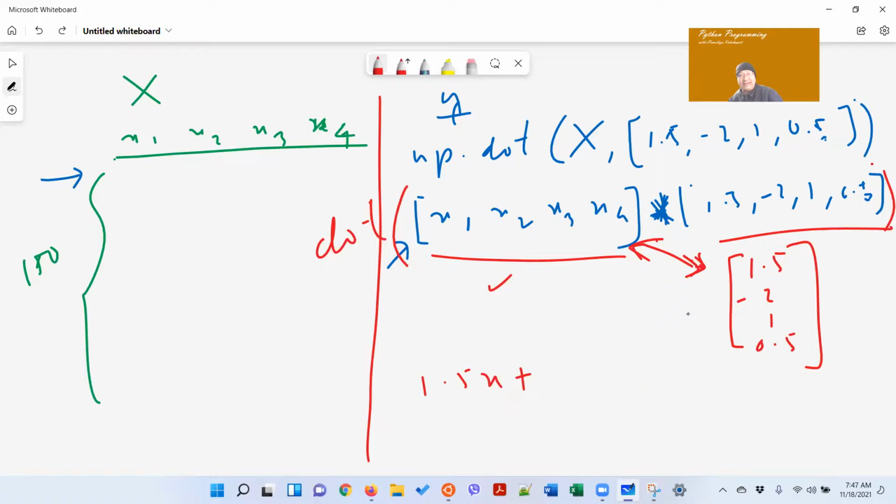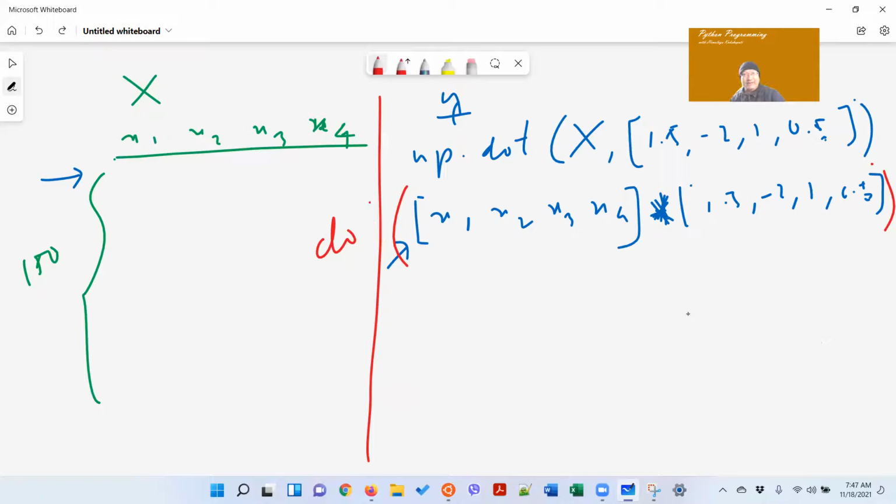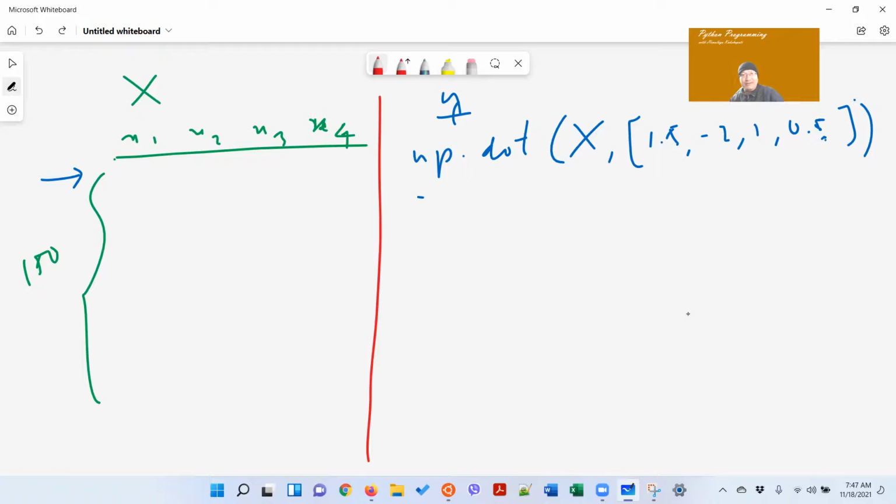अब तपाईले यसो गर्दाखेरि तपाईको y के फर्ममा आउँछ भन्दाखेरि हरेक रो इज डटेड विथ दिस। y को शेप के फर्ममा आउँछ?